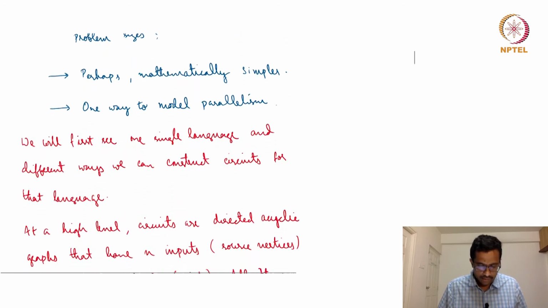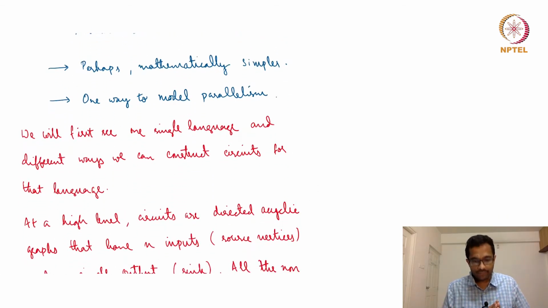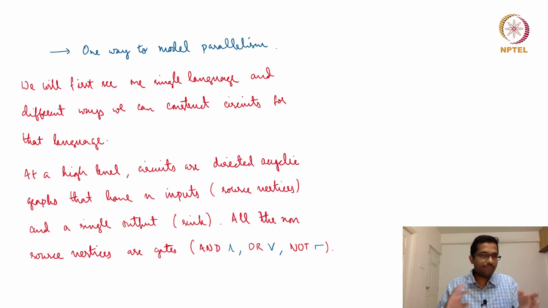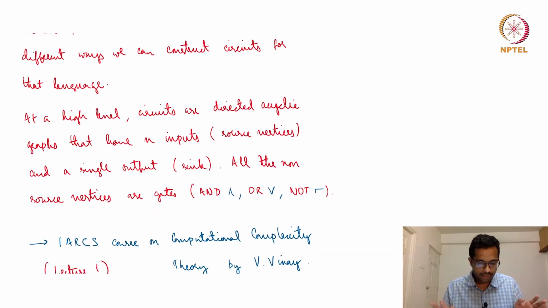These are the motivations, and we'll first start with just one language, and we will see different ways to realize that language. That will give you an idea of what circuits are before going to the formal definition. I'll just briefly describe what they are, so that you have some context, and we'll formally define it in the later lectures.